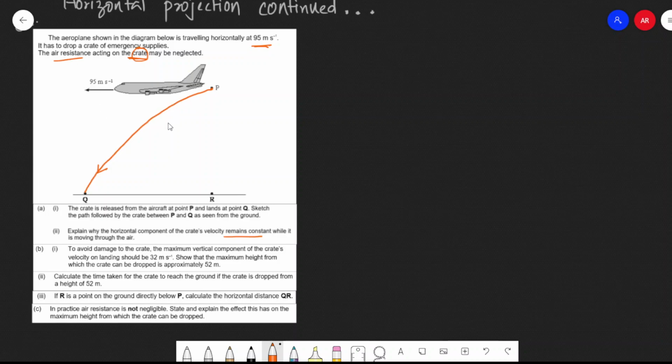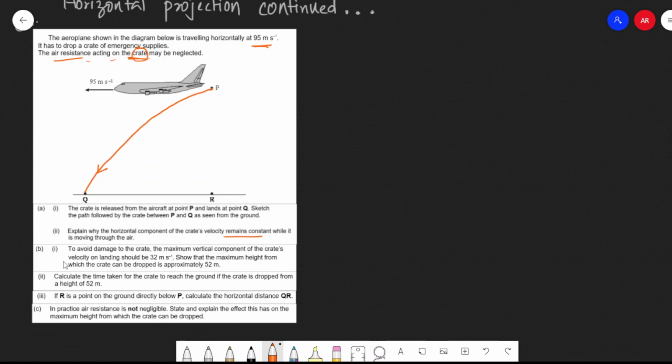As the crate doesn't experience any resistance, the horizontal velocity is not changing. It is not getting slowed down, not speeded up. So the horizontal velocity remains the same because there is no air resistance acting on the crate, as stated in the question itself. And this is always stated when doing maths in the projectile chapter.